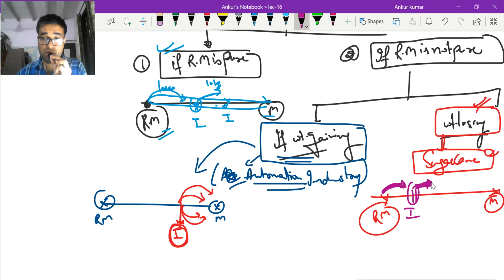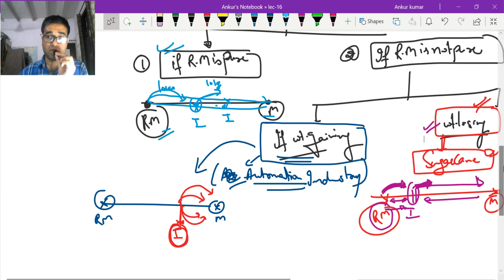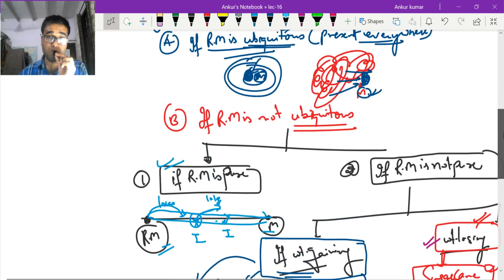The lighter matter that comes out of the industry will be cheaper to transport to the market rather than the heavier matter. So we have to keep this distance minimum and this distance maximum in case of weight losing raw material. So these are the many cases and sub cases that we discussed.